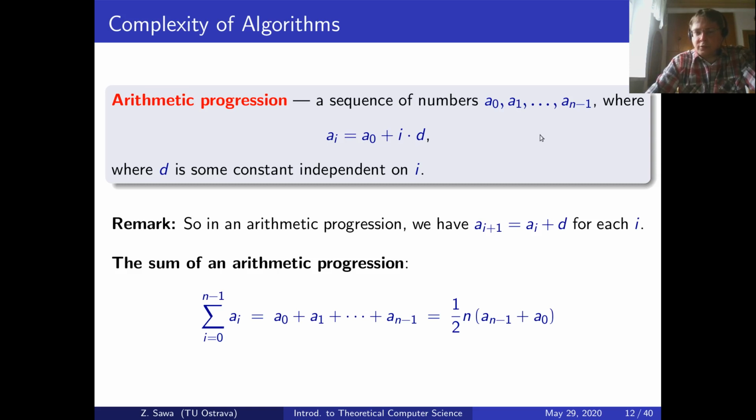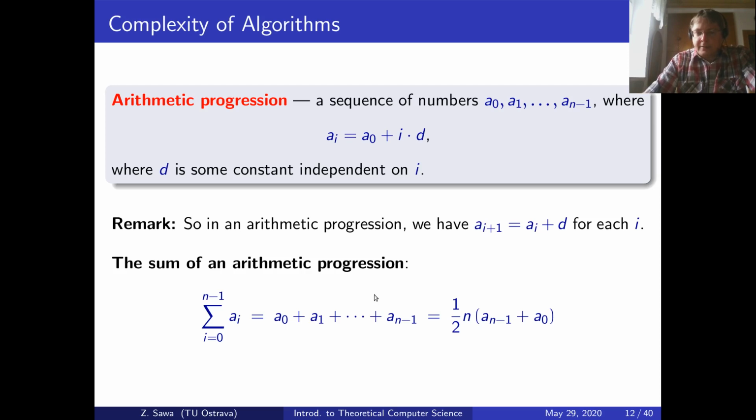Basically it means that the difference between each pair of consecutive elements, between a0 and a1, between a1 and a2 and so on, is always the same. So always a(i+1) is equal to ai plus d.